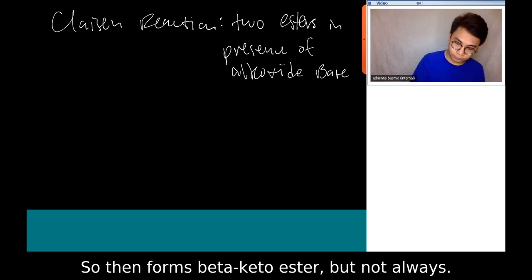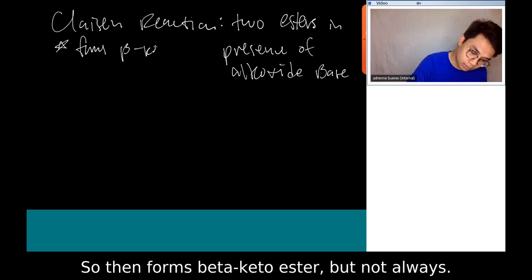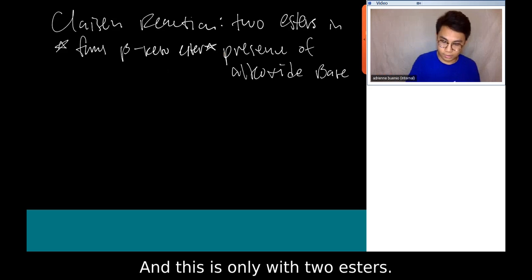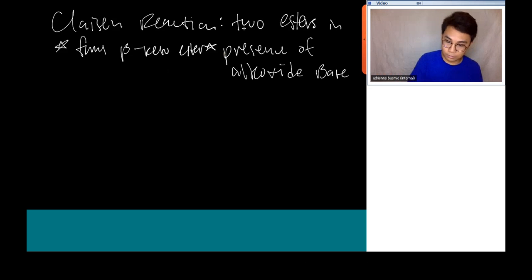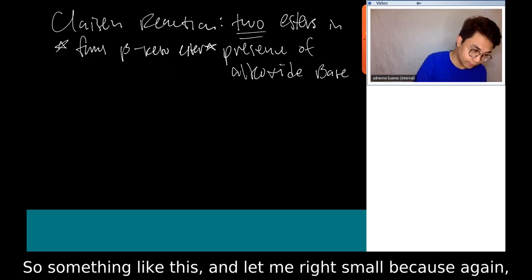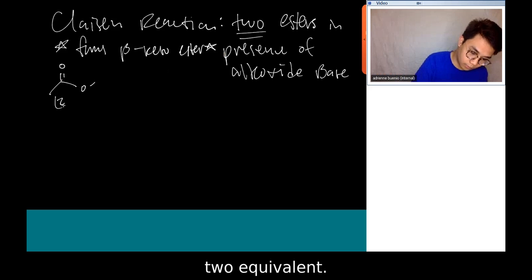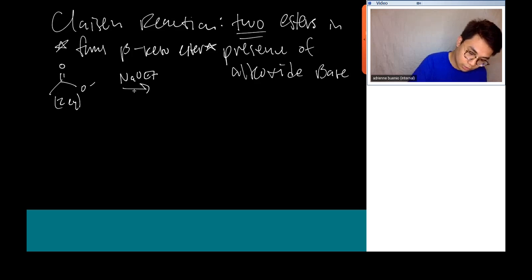So then forms beta keto ester, but not always, right? And this is only with two esters. So something like this, and let me write small because again, two equivalents, right? NaOEt, H3O+.